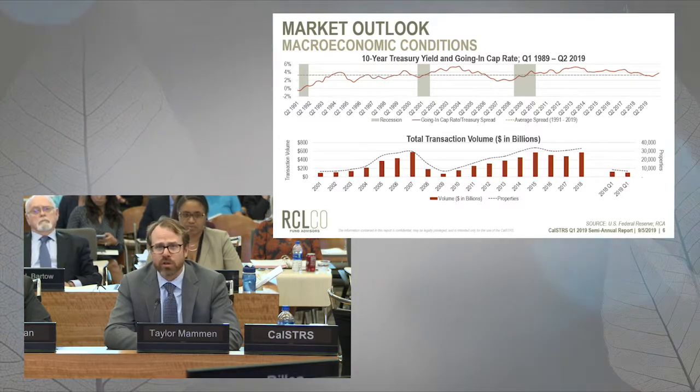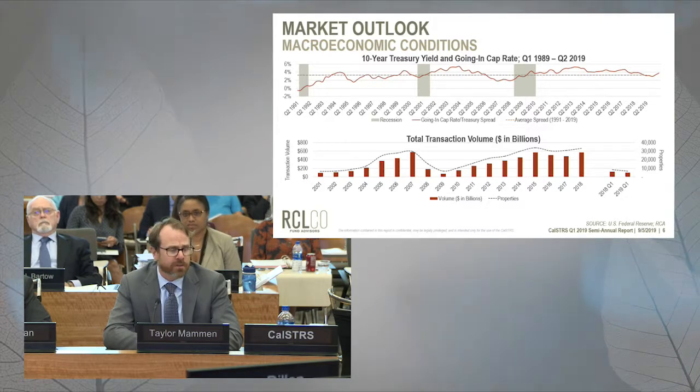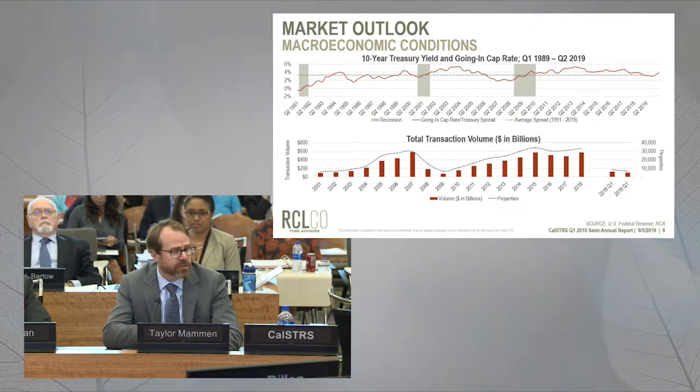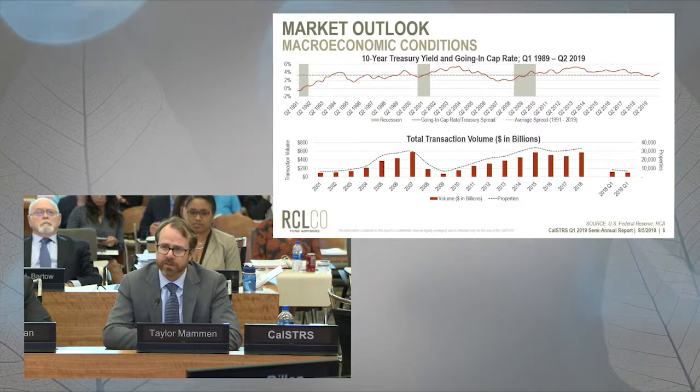As the first chart shows, through almost all of the past cycle, real estate has had an attractive relative value to other asset classes, which has led to significant transaction volume and significant investor interest in the property type as well.